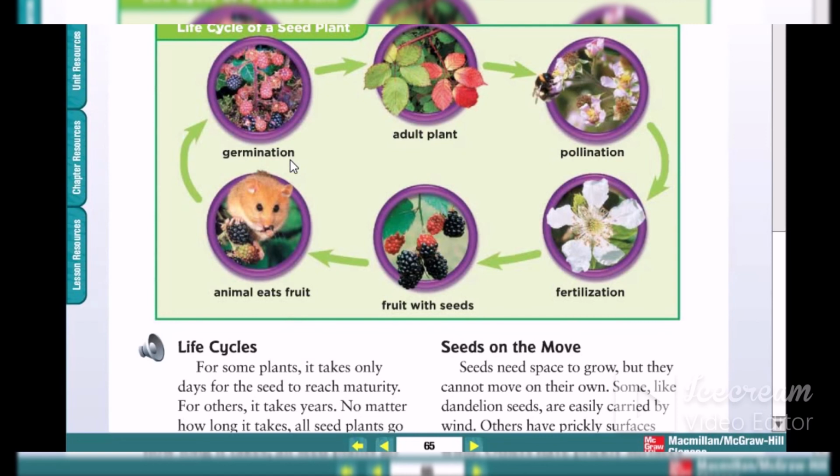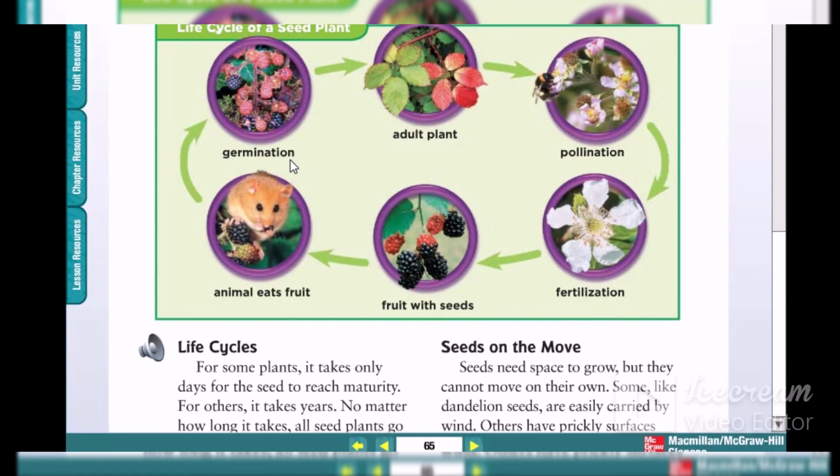Now we have something very important: how the seed can move. Of course, the seed doesn't have legs or hands to move by itself. They can move in many ways. Maybe by wind, by rain, by water, maybe by a farmer, maybe by an animal. Sometimes the seeds will get stuck on the animal's fur and move from one place to another.